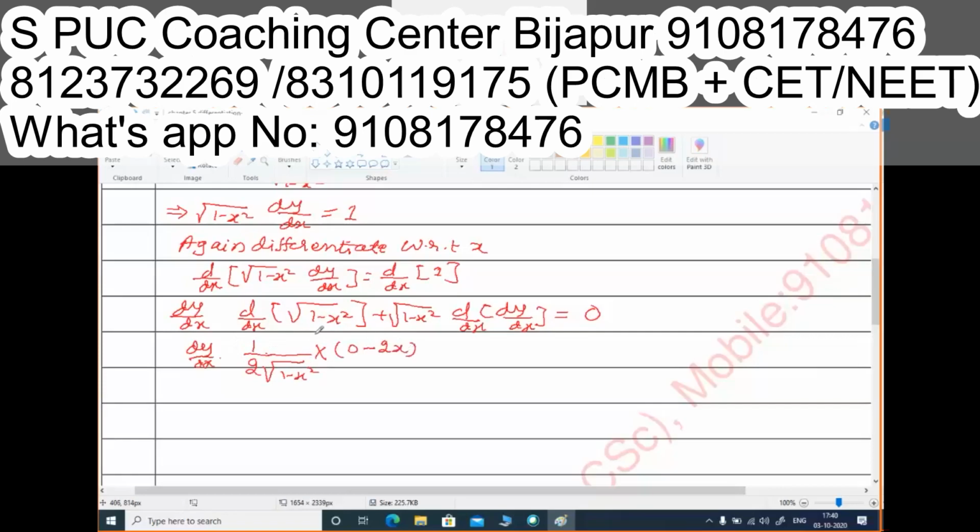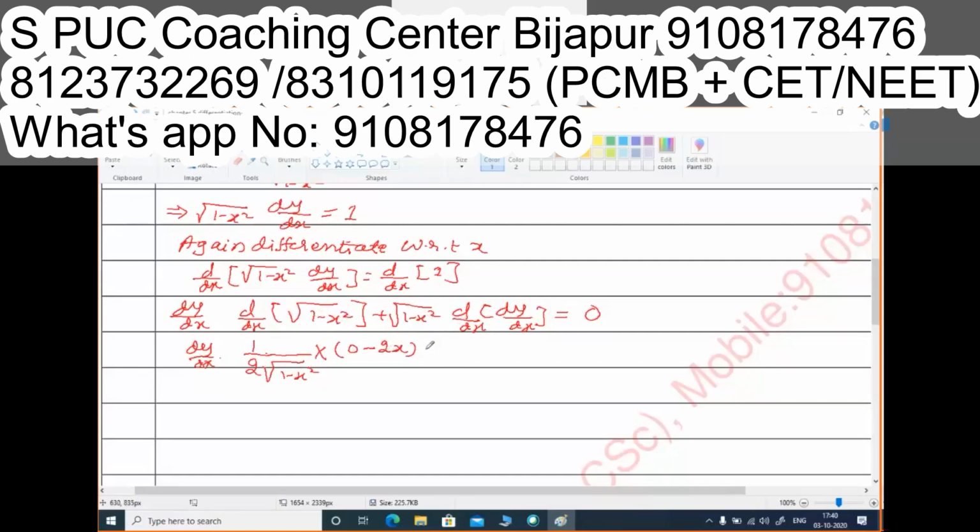Clear to everybody about this? Because I just differentiated the root, that is 1 by 2 root of 1 minus x square. Thereafter, the differentiation of 1 minus x square: 1 differentiation is 0, x square differentiation is 2x.